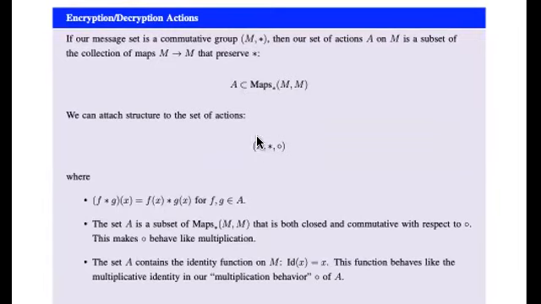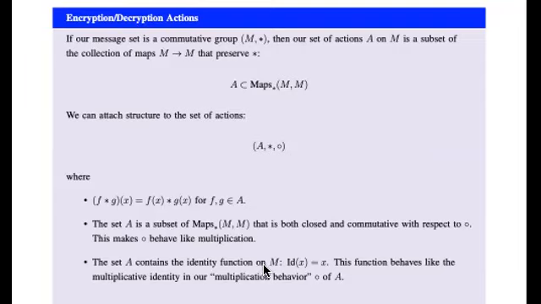If this is addition, we can add two functions together just by adding their outputs. And we can also compose the functions together, and we'd like the composition to behave a lot like multiplication. That's the idea of our choice of A when we're thinking about these encryption decryption actions.